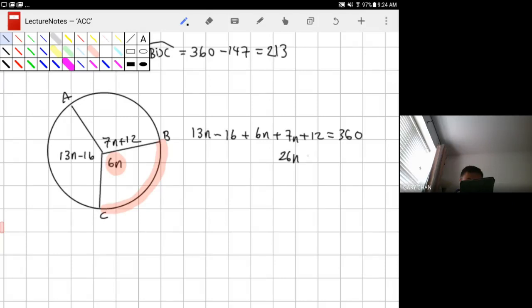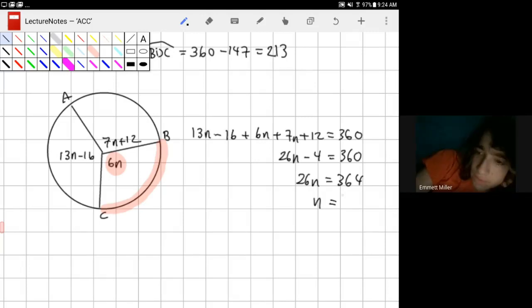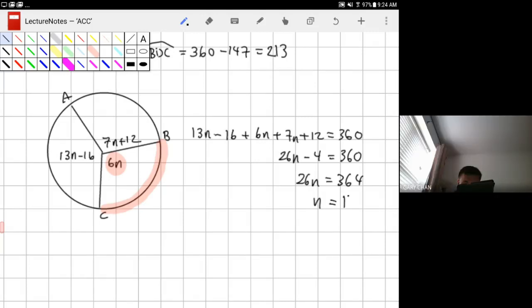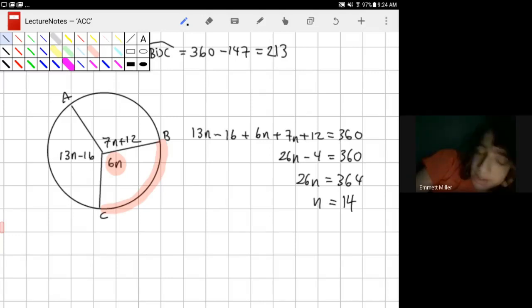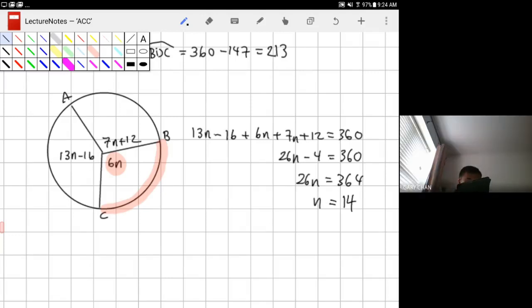So we end up with 26n minus 4 is equal to 360. 26n is equal to 364. And what will n turn out to be as a result? It'll be 14. And then if we're looking for 6n, arc BC is just 6 times 14, or that's simply 84.